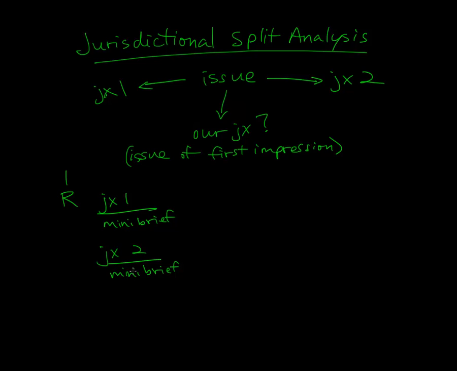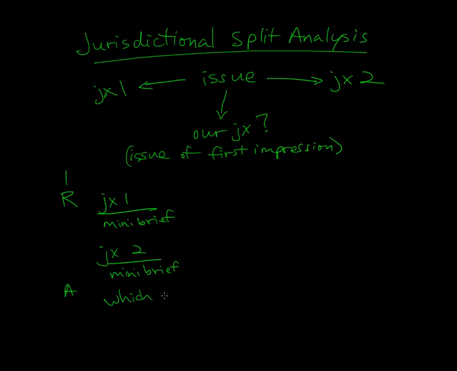And then comes the important part. This is where we get into our analysis: we discuss which of the two jurisdictions' rules we think that our jurisdiction will adopt, and why.